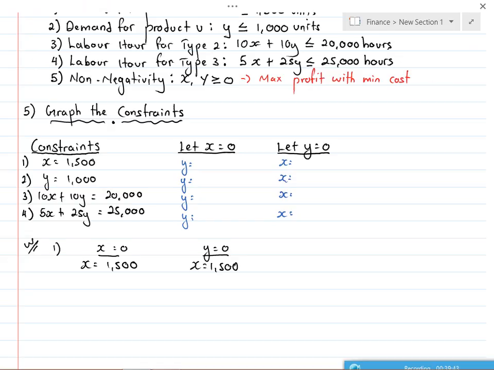When x equals 0, y equals to? Come back again, confirm, 1500. Over here, y equals to 0. So the final answer, x equals to 0, y equals to 1500.